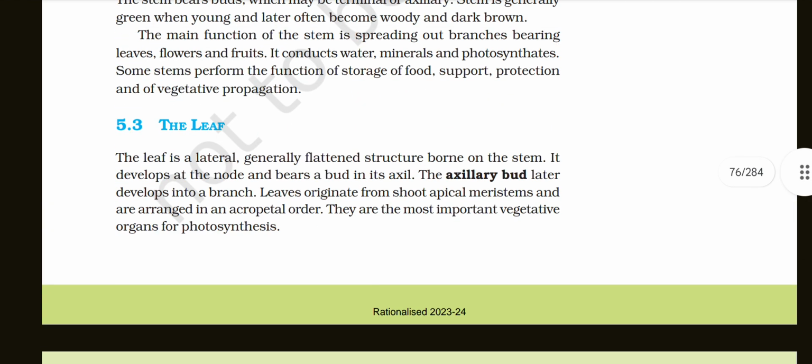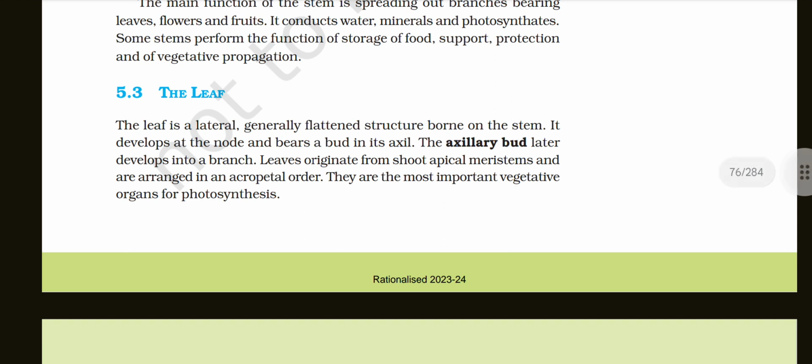The leaf. The leaf is a lateral, generally flattened structure borne on the stem. It develops at the node and bears a bud in its axil.